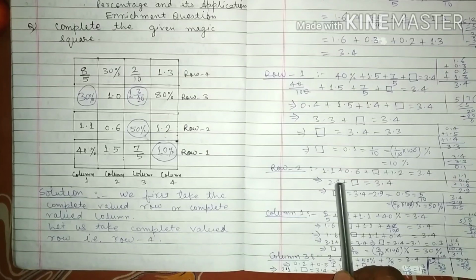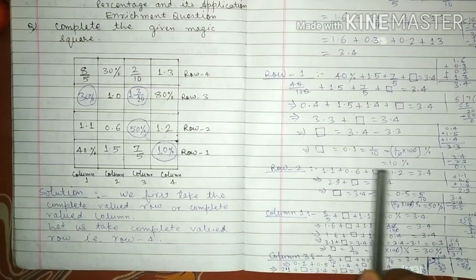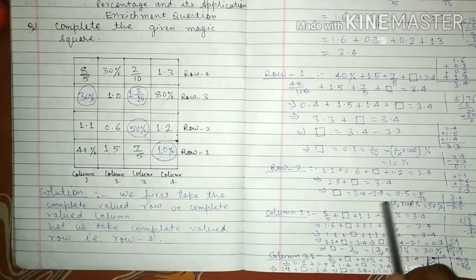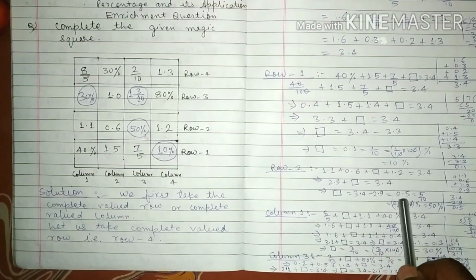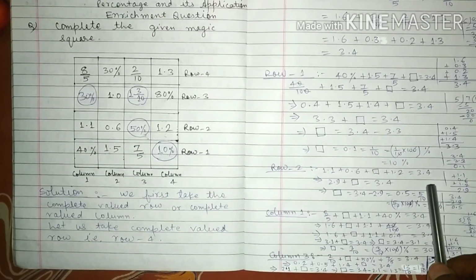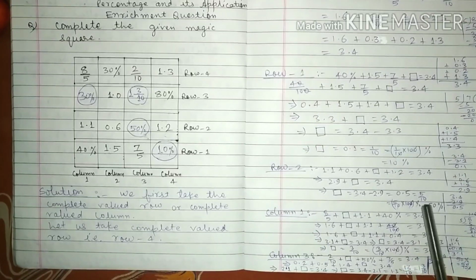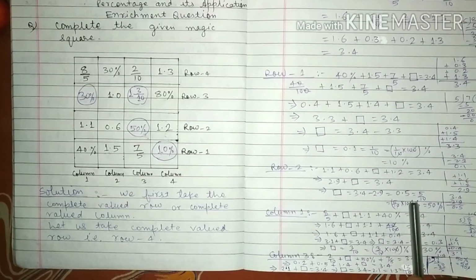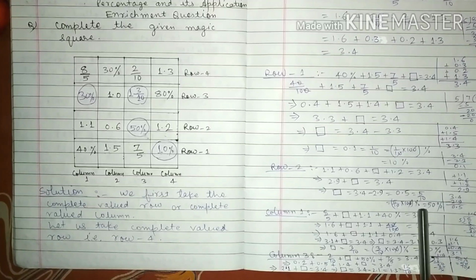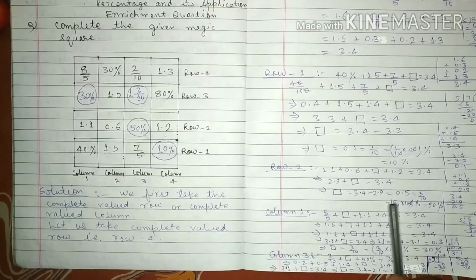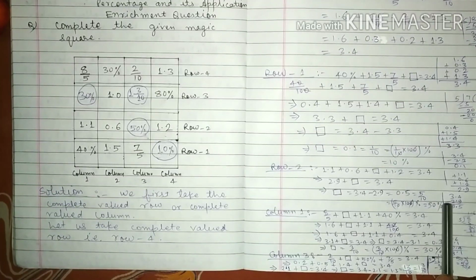This 2.9 is shifted from left to right, the sign is negative. Then after subtraction we get the value of the box as 0.5. This can be written as 5 by 10. For percent we multiply by 100. We put in bracket and then percent. 0, 0 cancel, 5 tens, 50%.